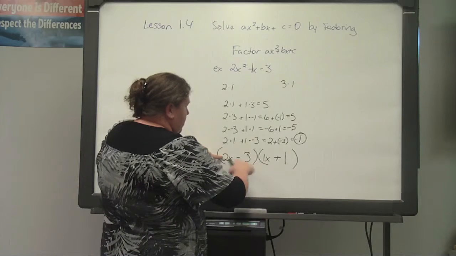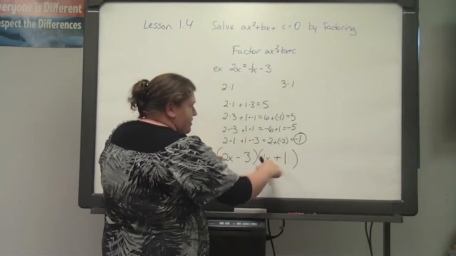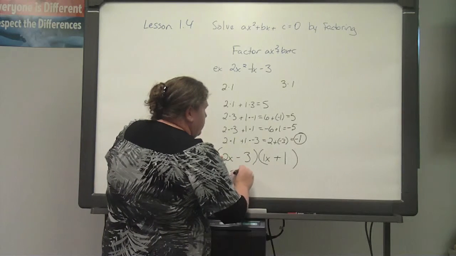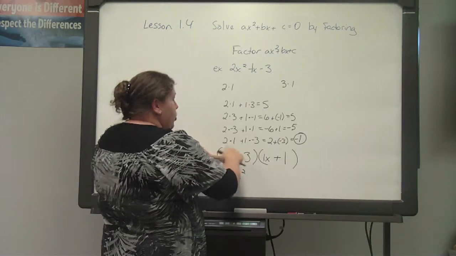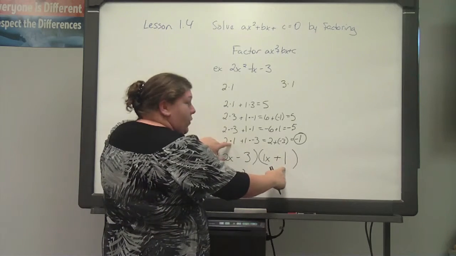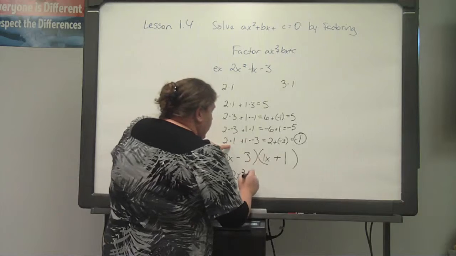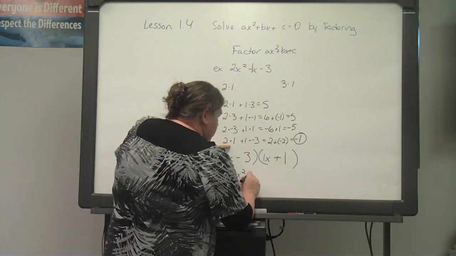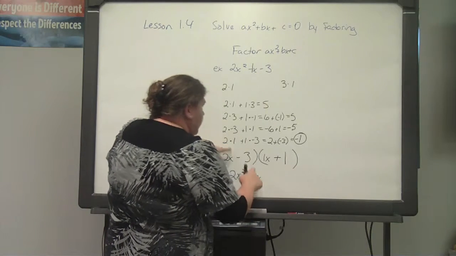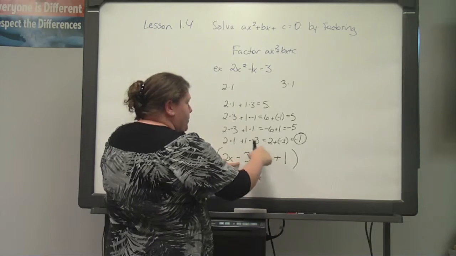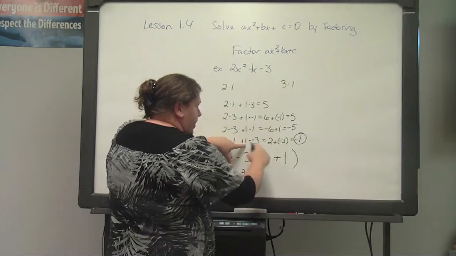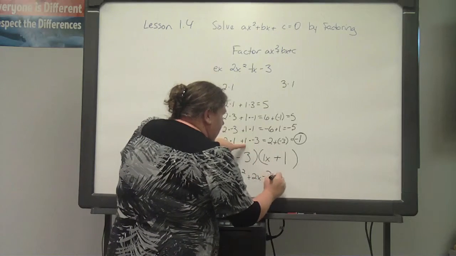2x times 1x equals 2x squared. 2x times 1, which is what we did up here, is 2x. And then a negative 3 times 1x, which is what we did right here, is a negative 3x.